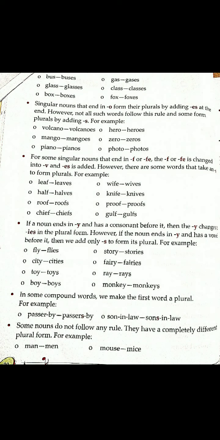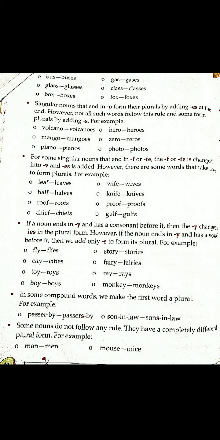If a noun ends in y and has a consonant before it, then the y changes into ies in the plural form. However, if the noun ends in y and has a vowel before it, then we add only s to form its plural. For example, now see, fly.